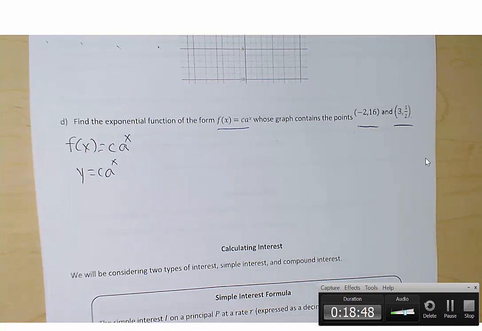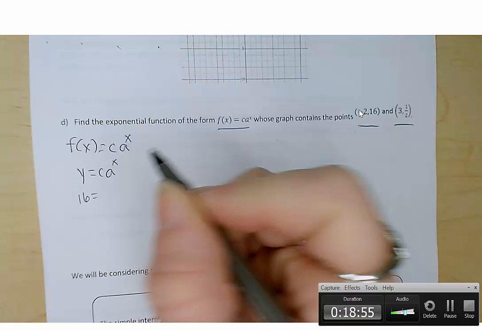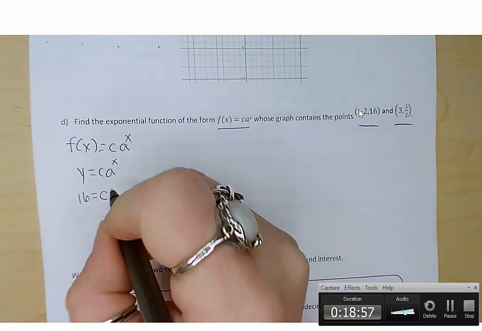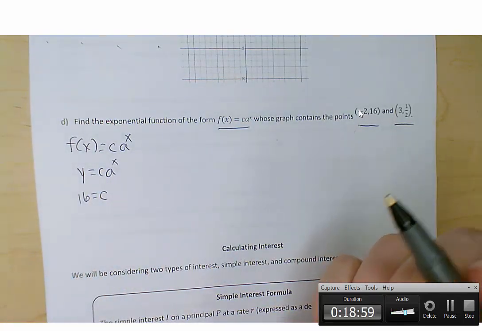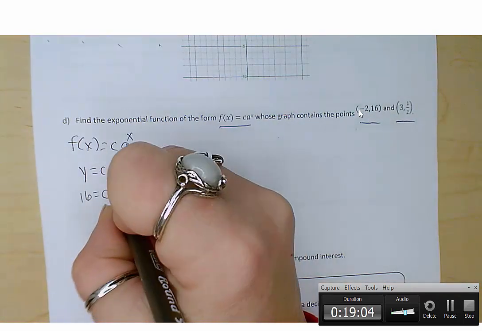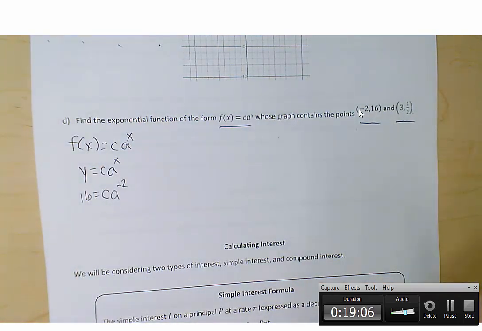Go ahead and plug in our first point here. We're going to plug in a -2 for our x, a 16 for y. That is going to look like 16 is equal to c, we don't know what that is, a to the x, which is a -2. Solve this for c.